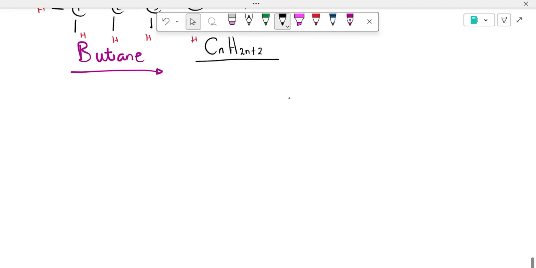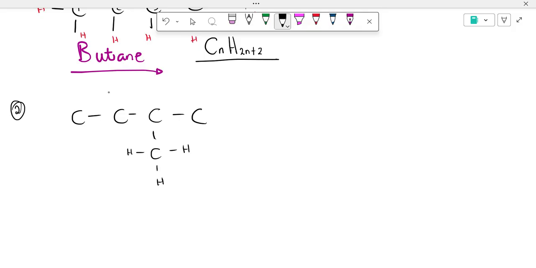Now I have another compound. So this is my compound two. Okay, right.